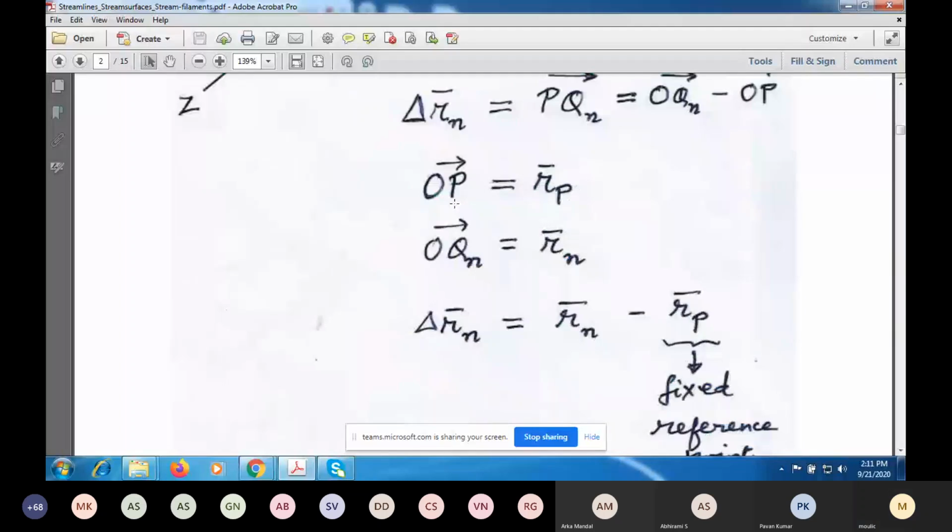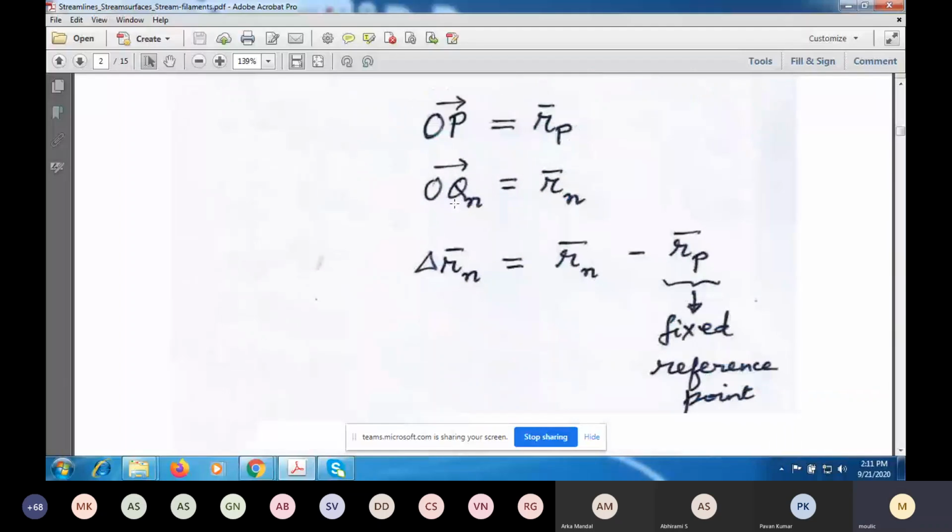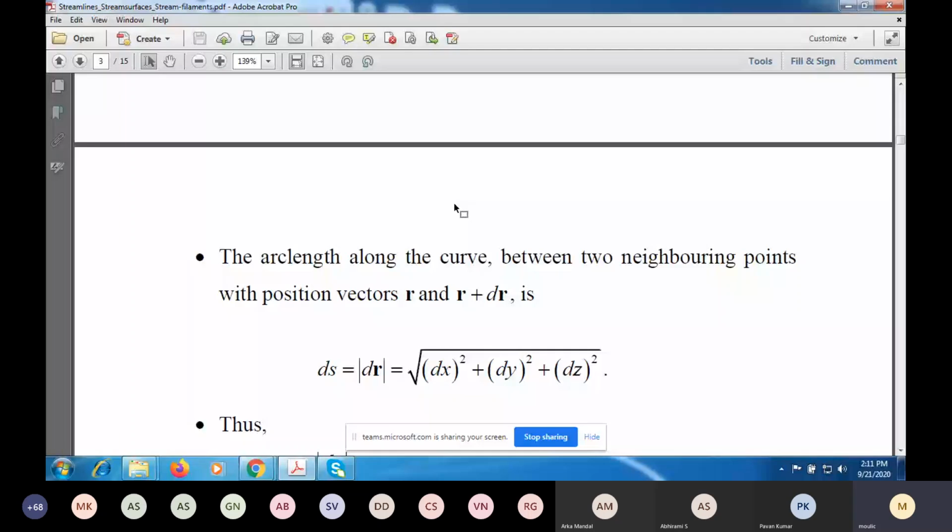So, now consider the arc length along the curve between two neighboring points with position vectors r and r plus dr. Okay. So if dr is an infinitesimal increment in r, okay, then the magnitude of dr is nothing but your ds, the arc length.